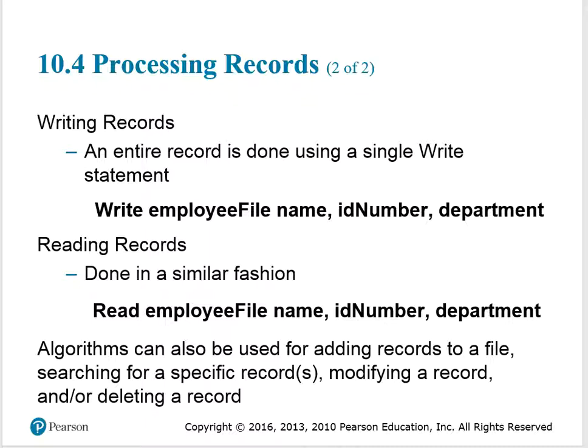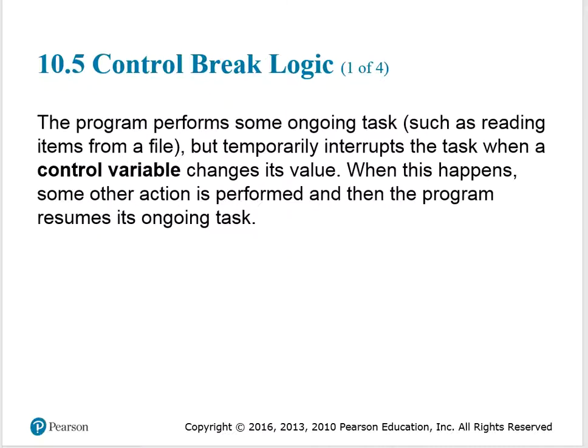So, for example, assume that the variables are name, ID, and department, and that they contain all the data regarding that employee. Employee file is the file we're going to write the data to. So let's say write employee file name, ID number, and department. If you are done with that, you need to write it, and then here comes reading the file. Pretty much the same format for that.